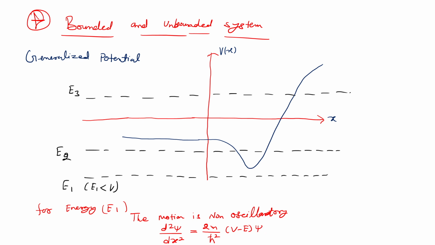So here if V is greater than E, and you can clearly see V is greater than E1, in that case this side will be positive, and if this side is positive we get the differential equation d²ψ/dx² equals some positive constant times ψ. So here we have d²ψ/dx² equals some positive constant, suppose α², times ψ.